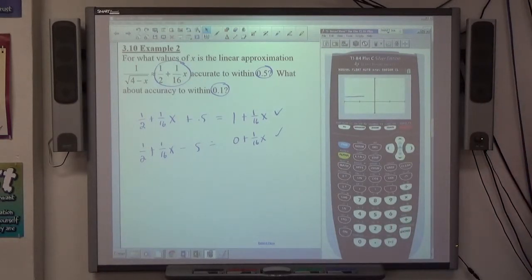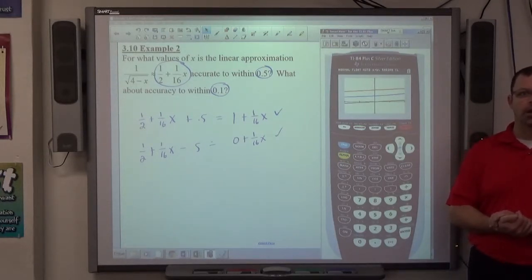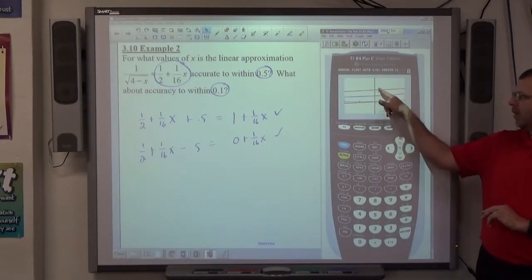Okay, the blue curve is my exact answer, right? The right answer. The red curve is too much, the black curve is too little. I want my answer to be within a half of the right answer. Okay, so that's the window I'm allowing myself to be in order to get an answer. All right? What I'm looking for is for my blue curve to intersect one of these.